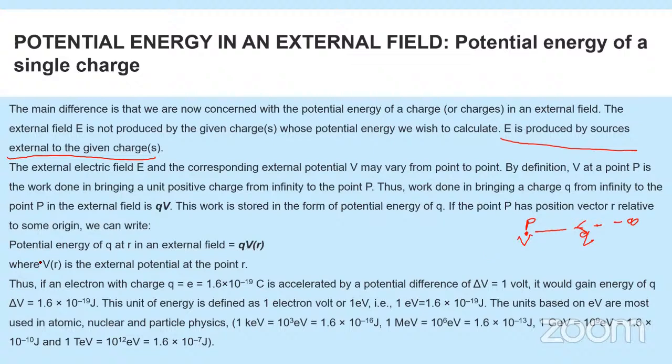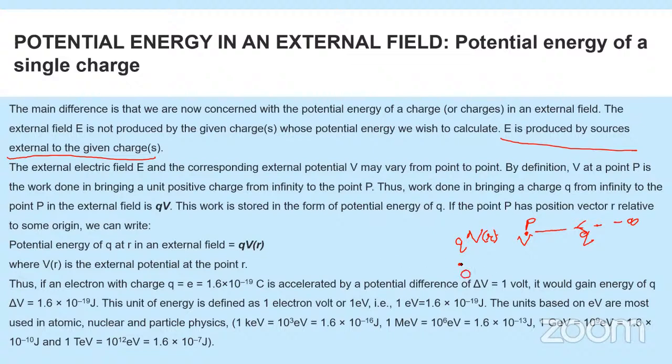But the potential energy of Q at R in an external field is going to be QV(R), where V(R) is the external potential at point R. Suppose you are considering one origin, say somewhere here.